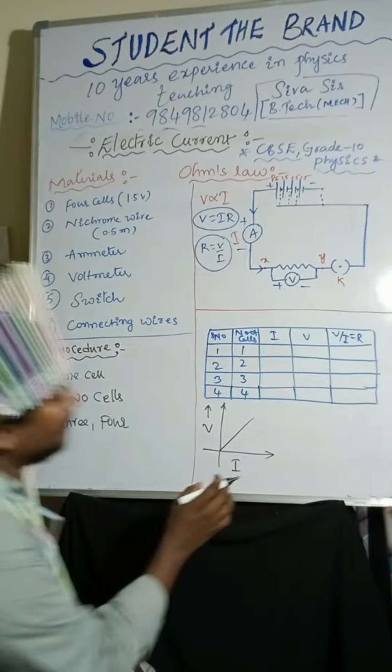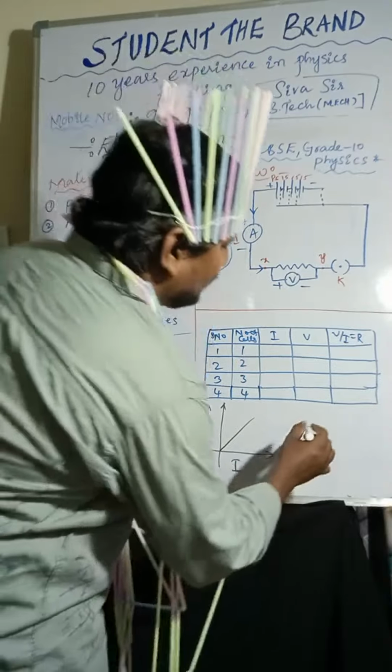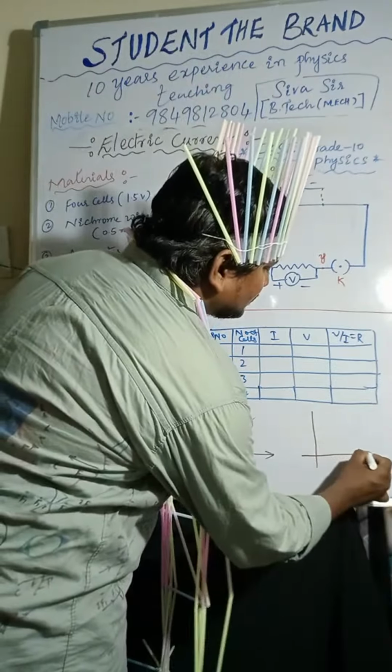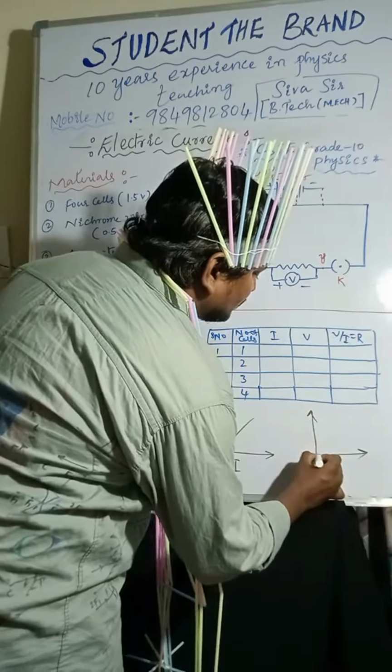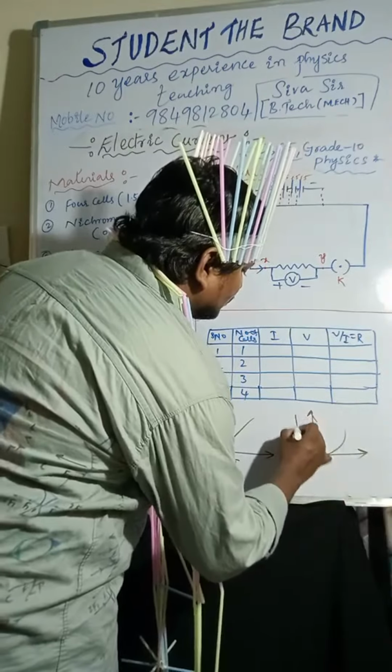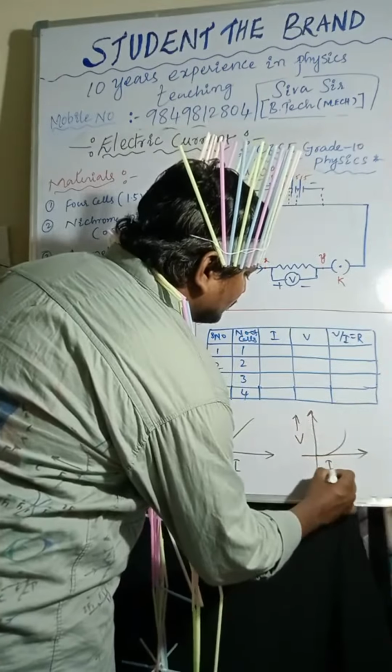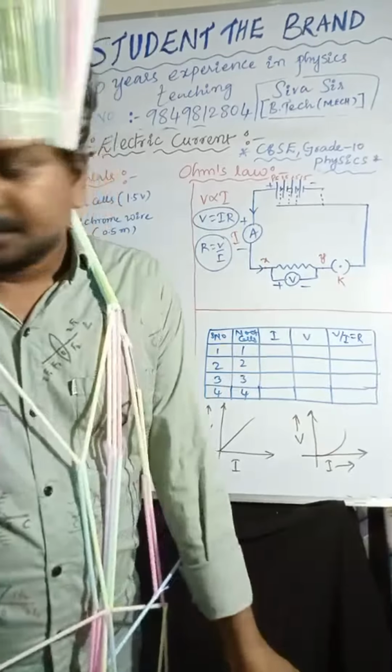So this is for ohmic conductors. For non-ohmic conductors, okay, ohmic conductors and non-ohmic conductors.